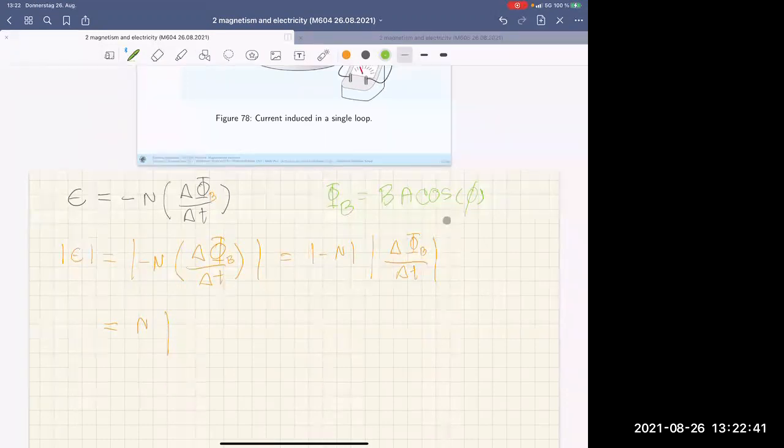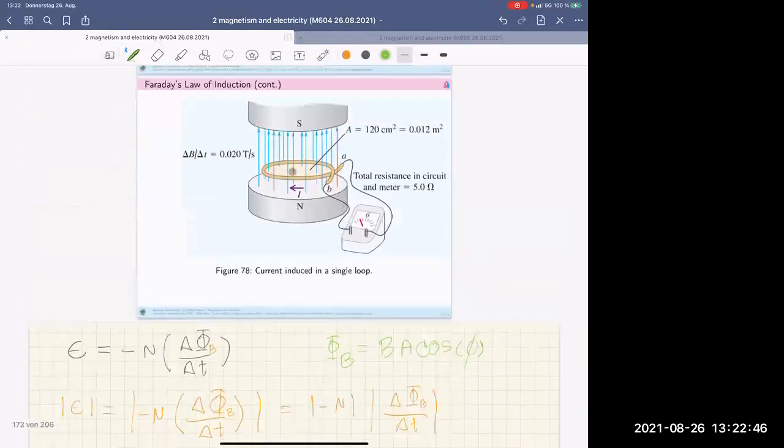In this case, the area doesn't change with time, because we didn't increase the size of the conductor at all. And there is no rotation of this conductor, so phi will be the same, so there is no change in angle.